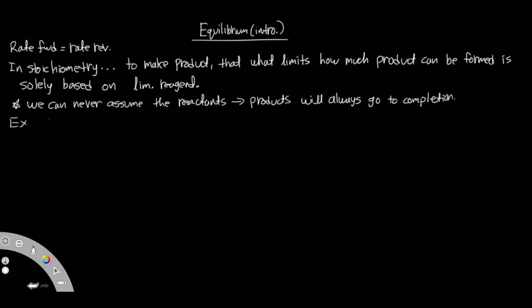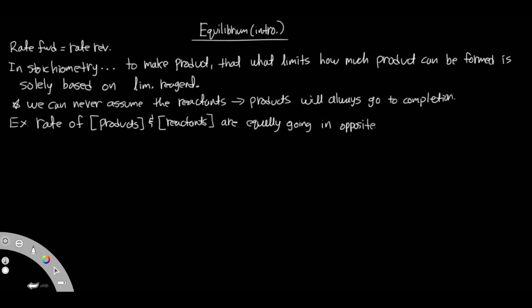The rate of the concentration of products. For concentration, I'm just going to put a bracket here. You should know that this means concentration. So the rate of concentration of products, and same thing for the concentration of reactants. Let's say they are equally going in opposite directions. What do you think is going to happen to the overall change in the concentration of the reactants and the products?